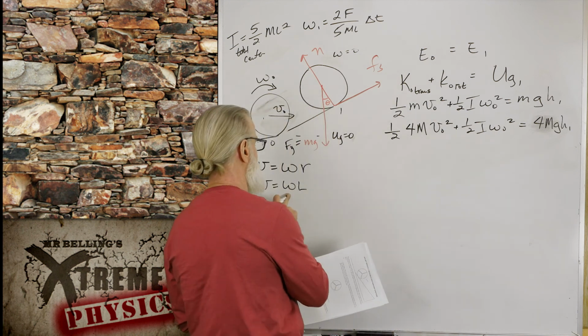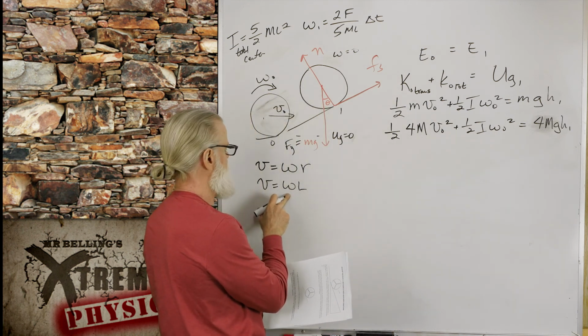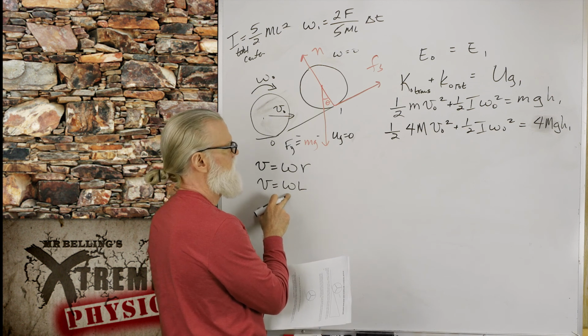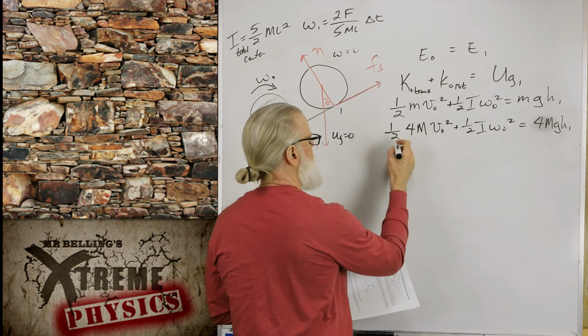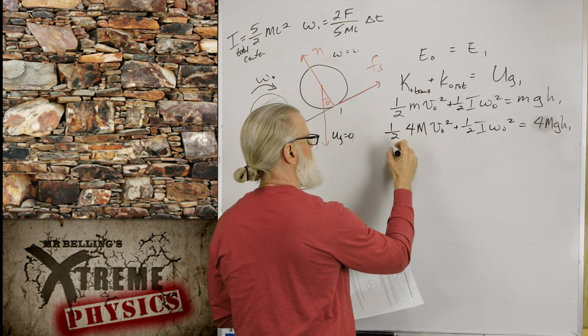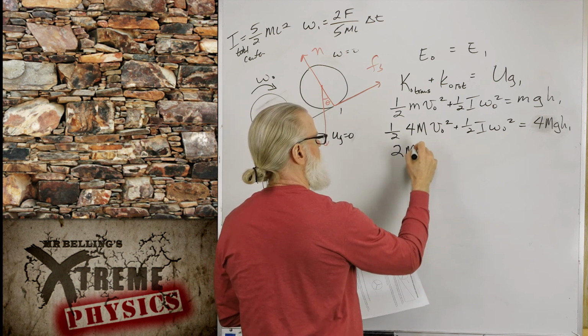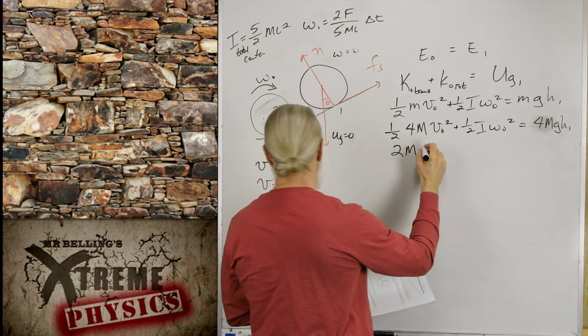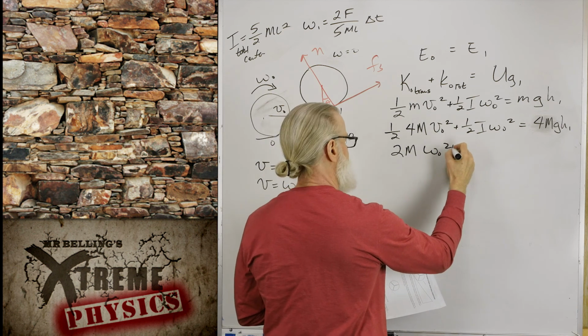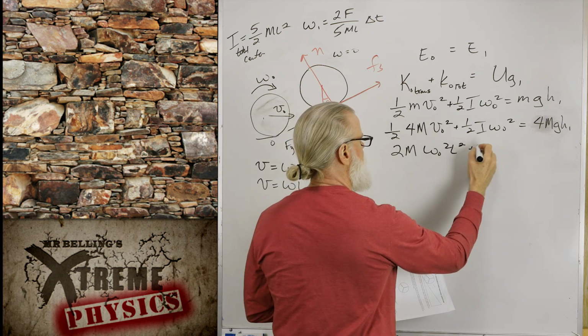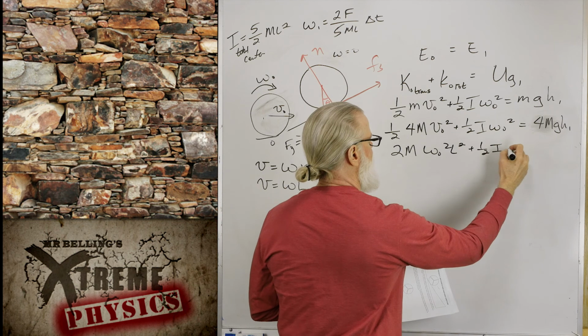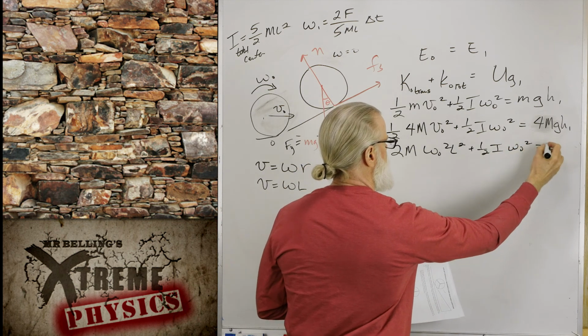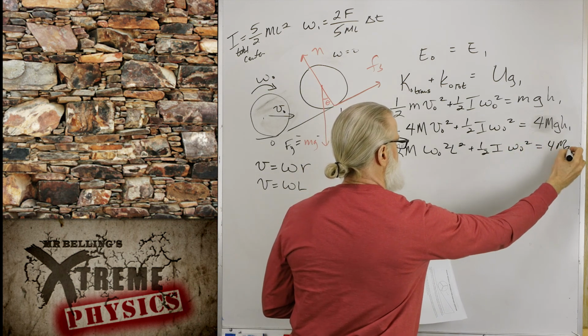And then I needed to use this idea that V equals omega L. So I end up with 4 over 2. 4 over 2 is 2. M omega 0 squared L squared plus 1/2 I omega 0 squared equals 4 M g h1.